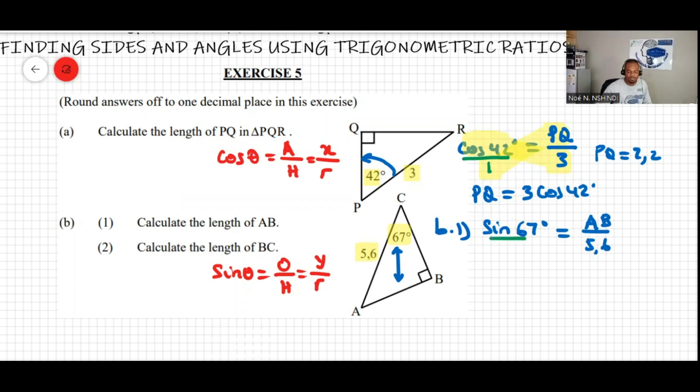There is an invisible denominator here, which is 1, and then we can solve this by cross multiplication. We do 1 times AB, and sine 67 degrees times 5.6, and that makes AB equal to 5.6 multiplied by sine 67 degrees.